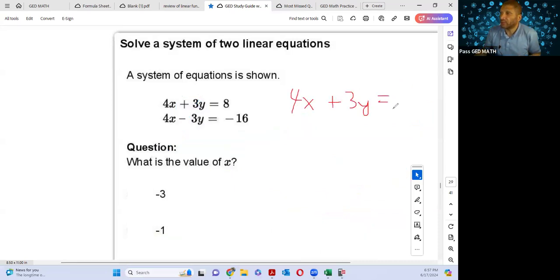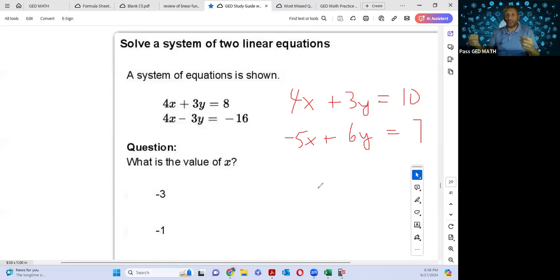This is a little different. This looks much harder.